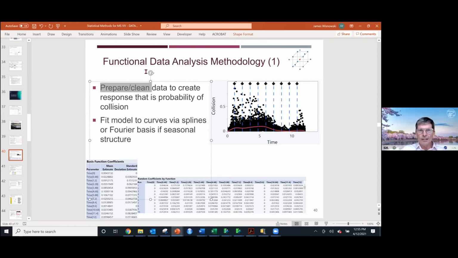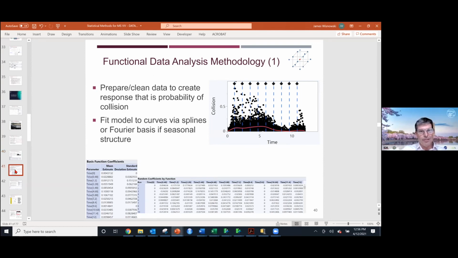Then in functional data analysis, the next step is to fit splines to the data. In other words, you partition the 12-second interval into sub-intervals, and you say, okay, from 0 to half a second, this is a spline that is going to explain that behavior. So we go ahead and create those.